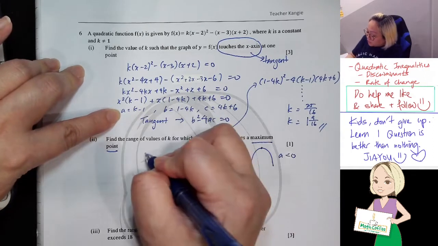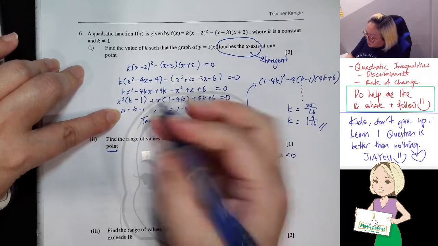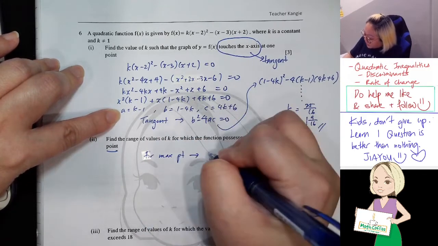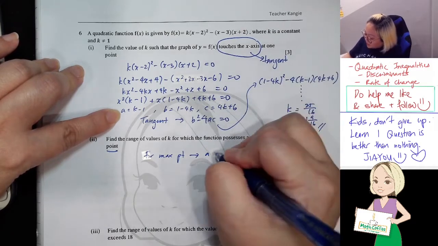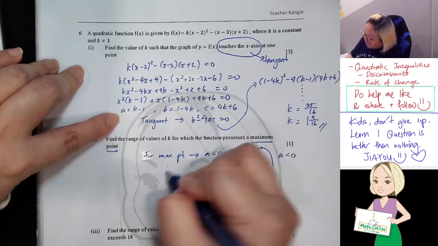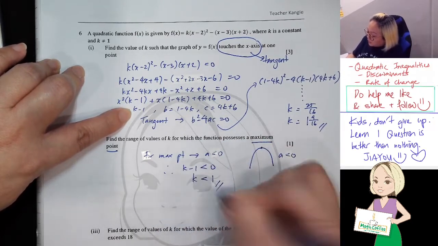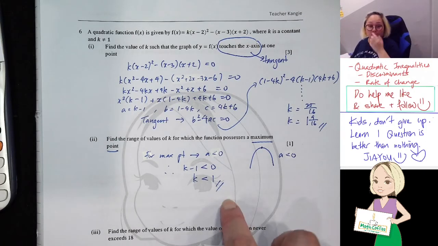Therefore, for maximum point, my k minus 1 is less than 0, so k is less than 1. Done. This is just the condition for the sad face.